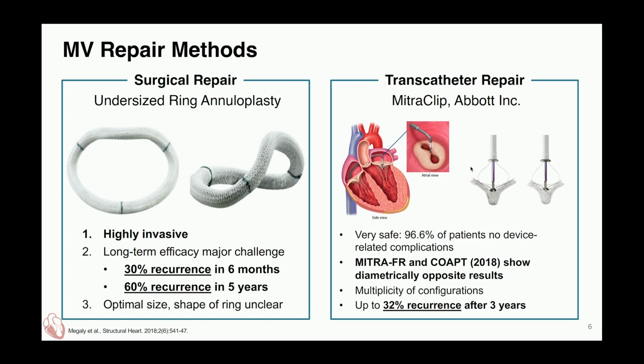It's inserted using a transcatheter delivery approach and can clip the leaflets together, and surprisingly it is quite effective. But there is still about a third recurrence after about 3 years. Nobody knows why, and at this time nobody can predict the outcome.